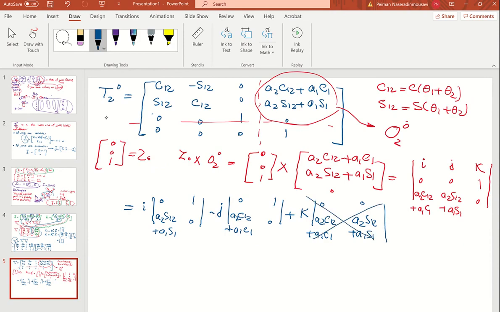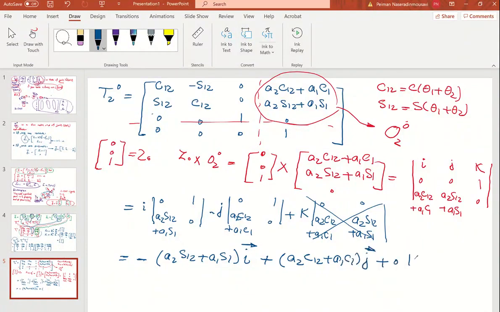This is 0, no doubt. So what you get is minus a2 sine 1 2 plus a1 sine 1 in the i direction, plus a2 cosine 1 2 plus a1 cosine 1 in the j direction, plus 0 k. This is for this one.